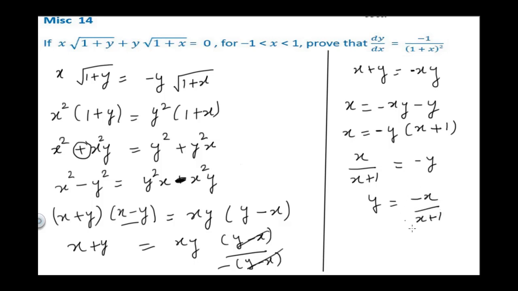Now you can apply the quotient rule, considering one as u and another as v, or you can write x plus 1 to the power minus 1 and use the product rule. When you differentiate it, you will get dy by dx equal to minus 1 upon 1 plus x whole square. So the trick was to just see what is needed in the answer.